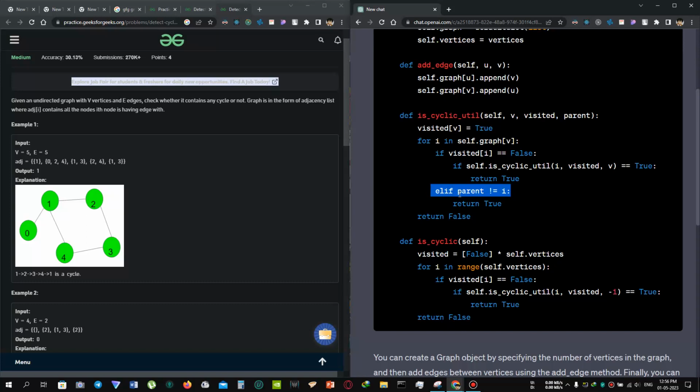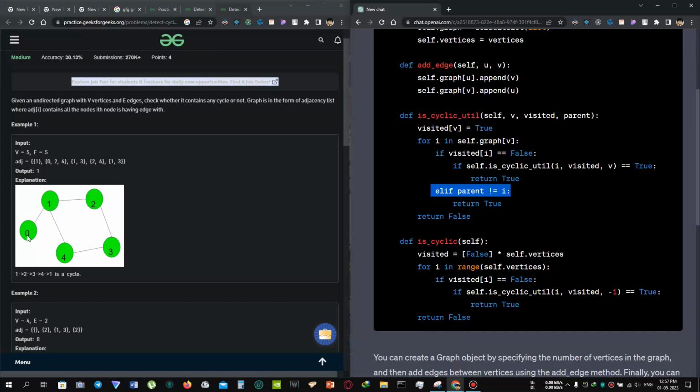Because see, if we go from 1 to 0, then 0 is visited, right? But 0 is also a parent element, and in that case if we return true, then that is incorrect, right? It doesn't make sense, because from 0 to 1 and 1 to 0 there is no cycle.